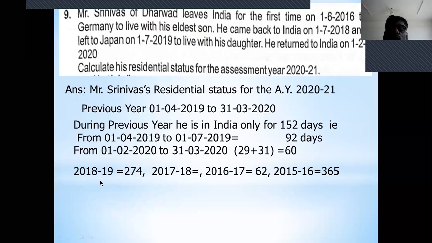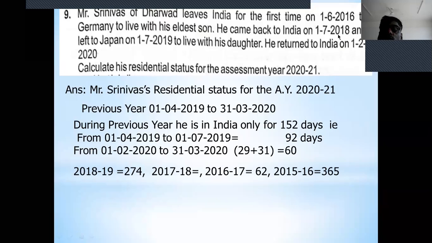You see here, I have given this equation. In the year 18-19, 274 days he is in India. He came to India on 1/7/2018.